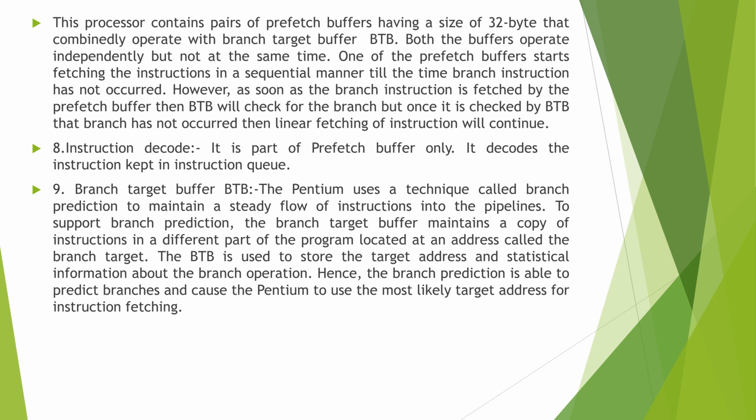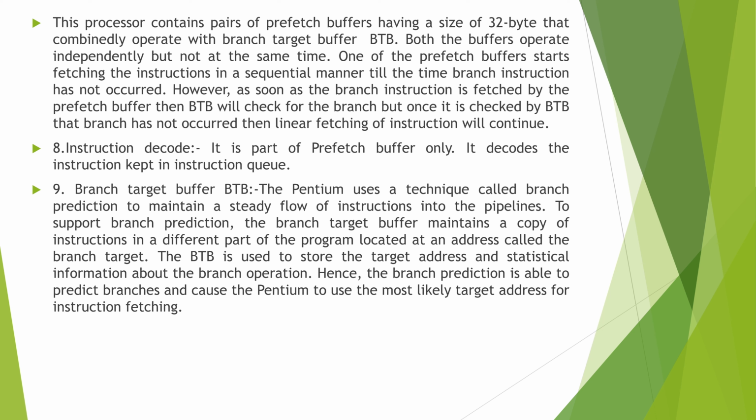BTB, that is branch target buffer. The Pentium uses a technique called branch prediction to maintain a steady flow of instructions into the pipeline. To support the branch prediction, the branch target buffer maintains a copy of an instruction in a different part of the program that is located at an address called the branch target. Wherever a branch has to take place, that address is called the target address or branch target.